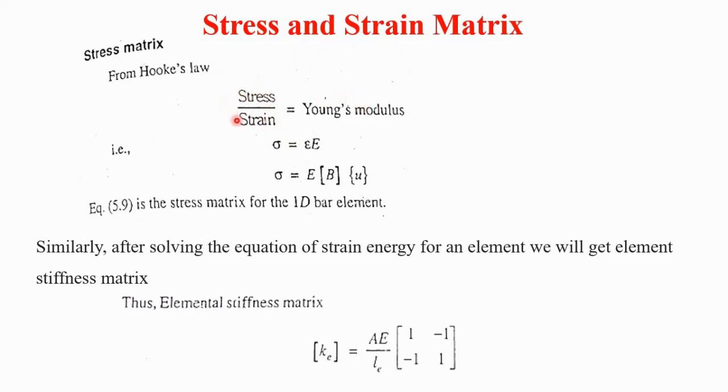So sigma divided by strain ε is equal to capital E. Therefore stress sigma is equal to Young's modulus E into strain ε, and strain is equal to B matrix into U matrix.